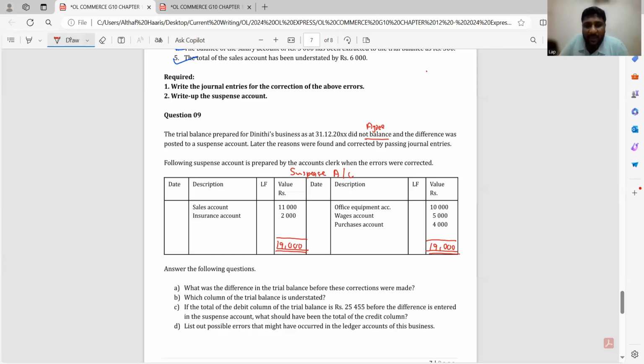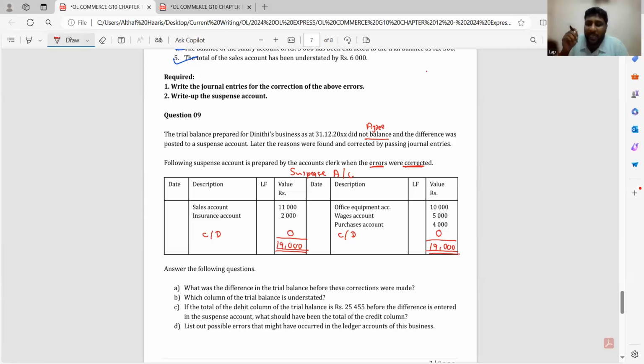Because here they are clearly stating all the errors were corrected. If all the errors were corrected, the closing balance should be 0.